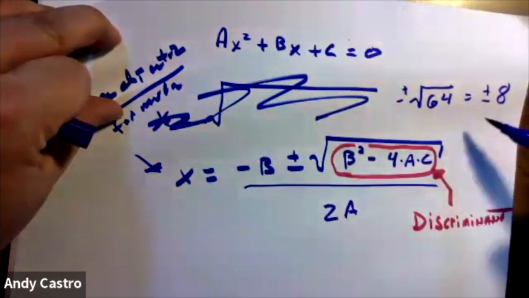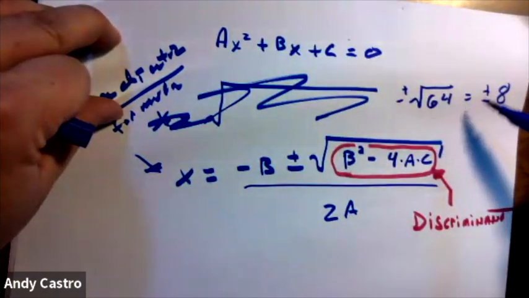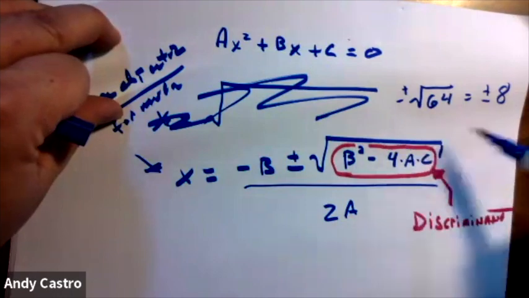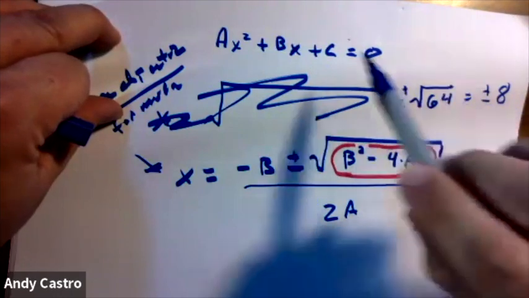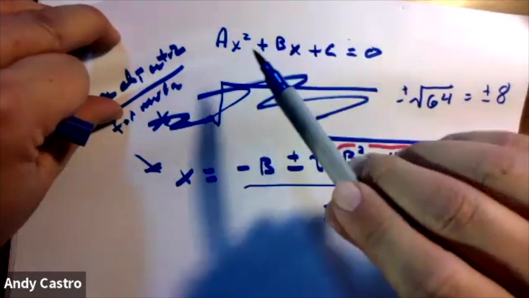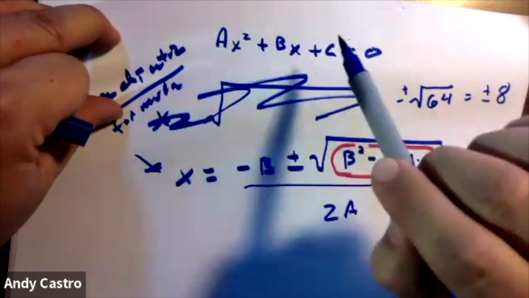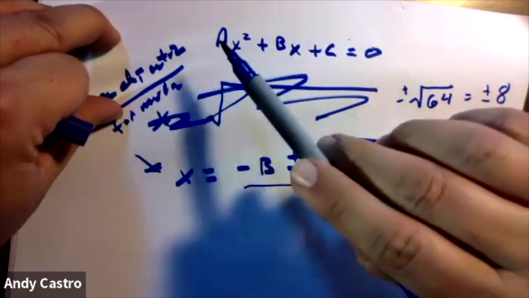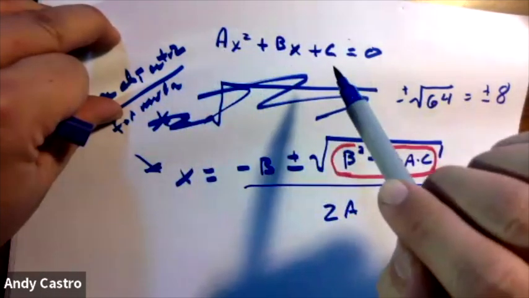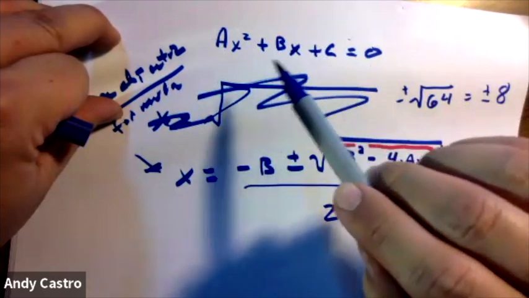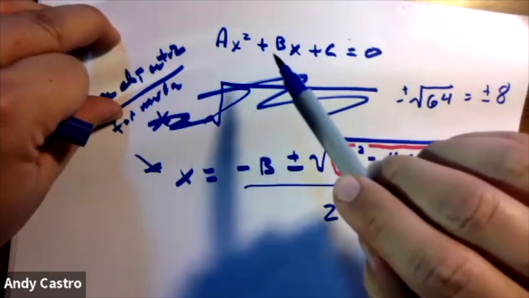Okay, this would be a perfect square. And typically, if your discriminant is a perfect square like that, you're probably better off trying to factor this the original way, either through the AC method or, if A is 1, looking at two things that multiply to give me C and those same two things add to give me B.